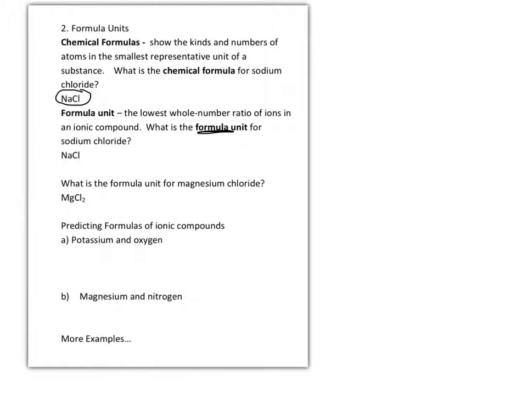What is the formula unit for magnesium chloride? MgCl2. Okay, those are the lowest. And let's look at writing formulas for some ionic compounds using the electron dot method. So if we start here, we have potassium, and I'm going to do this over here.